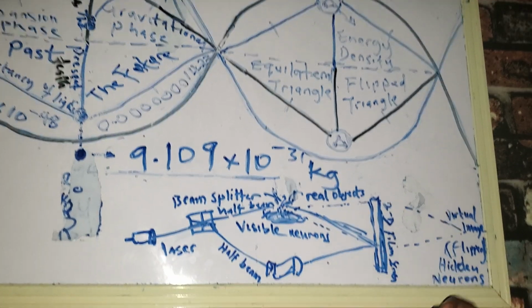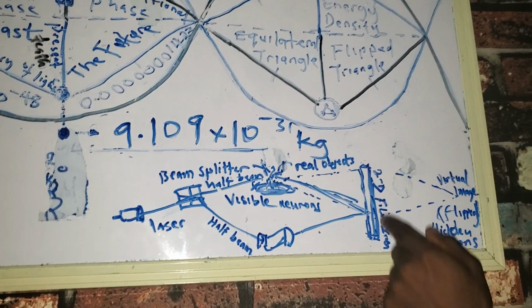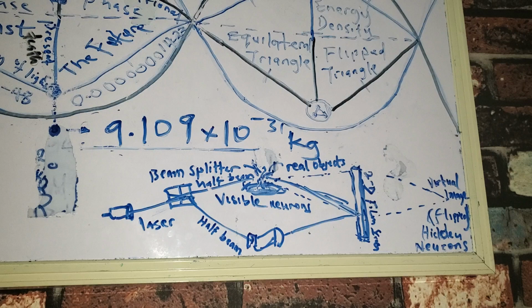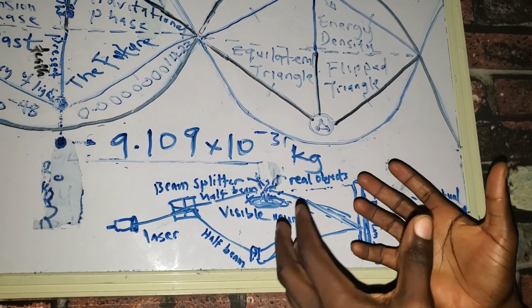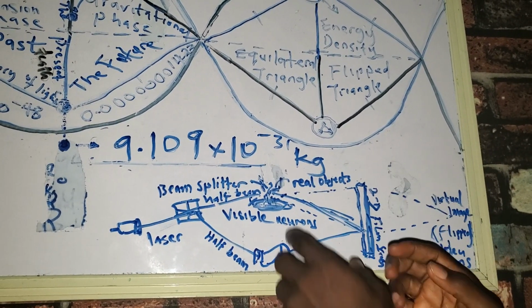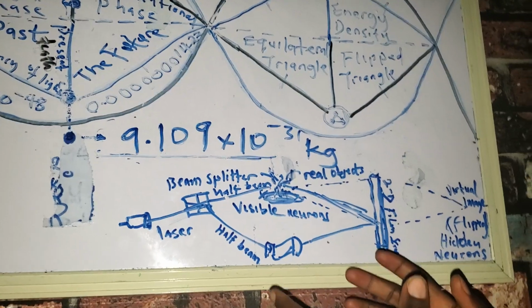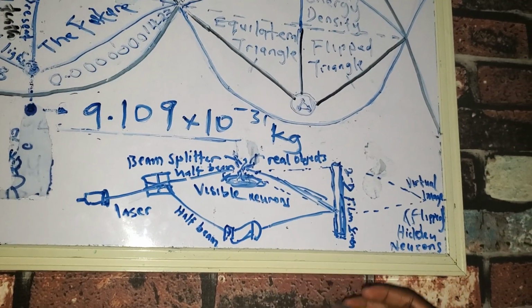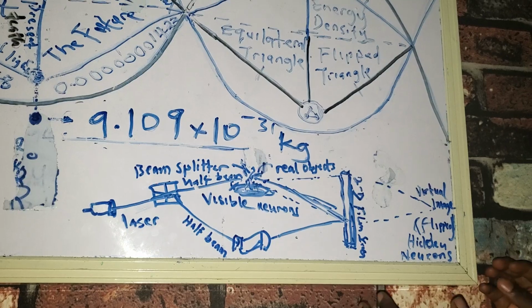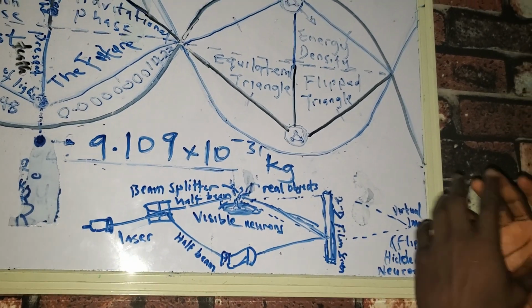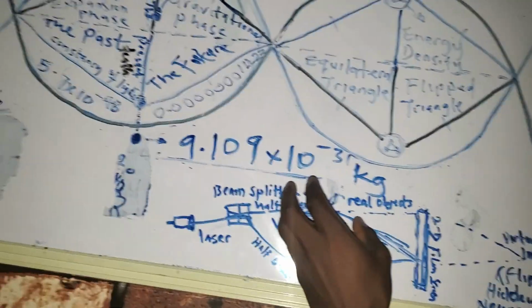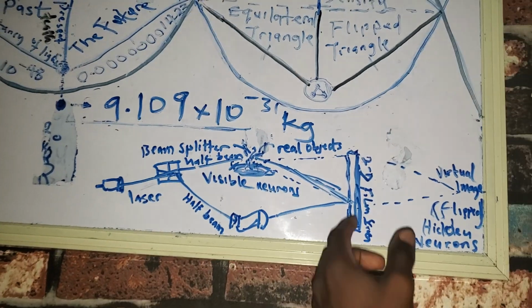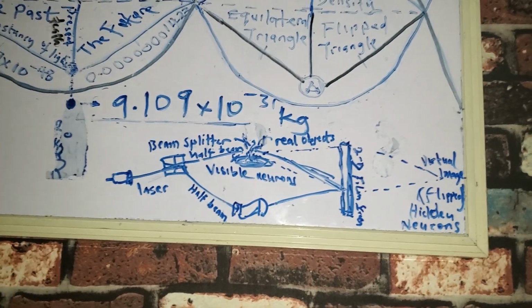And so what is being cloned as the image we have on the 2D film is just the light wave around this object. We can call it field. So the laser field around the object is what is being rearranged to form the information of the object on the 2D film.